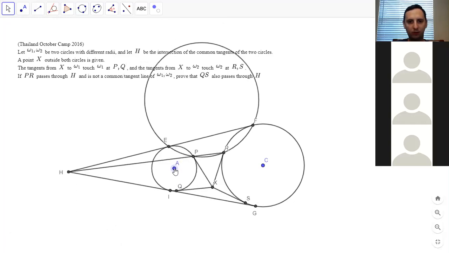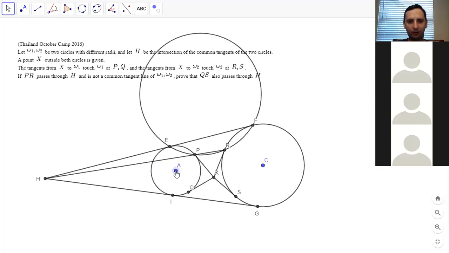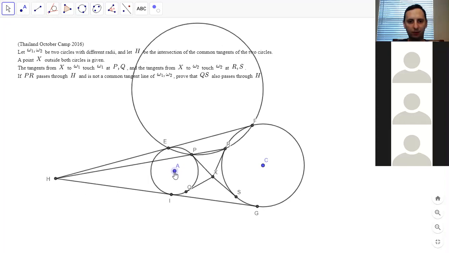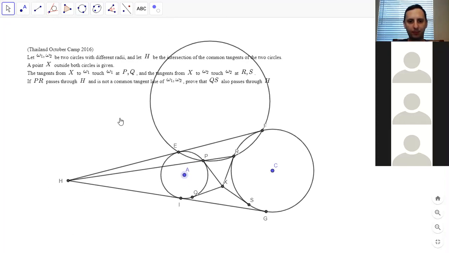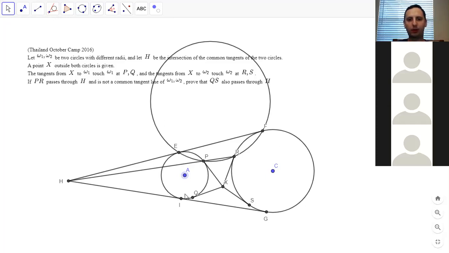Interesting. Okay, so we could try to use inversion because we know that that's cyclic. That would swap E and F, it would swap P and R, and it would swap I and G, right? We want to see if it swaps Q and S, basically.